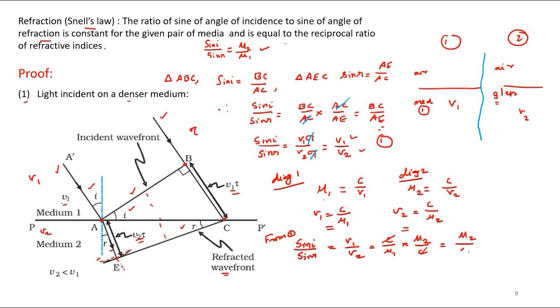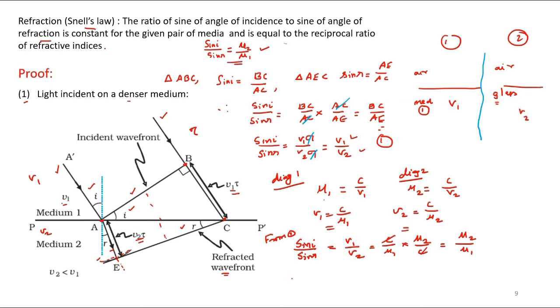Sin I by sin R is mu2 by mu1. The ratio of the sine of the angle of incidence to the sine of the angle of refraction is equal to the reciprocal ratio of refractive indices, you see here.